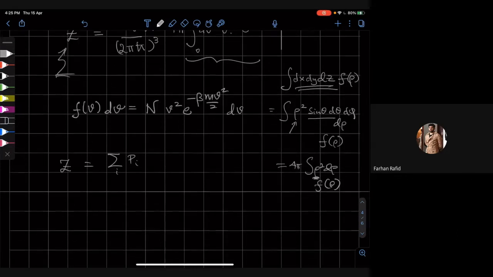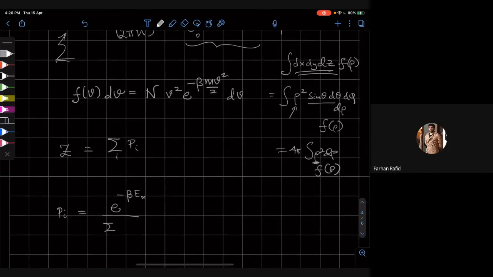So the Boltzmann distribution was something like e to the power minus beta E of n, right? And then to actually get the probability, we have to divide by the sum of all the probabilities, because we need this thing to be normalized.